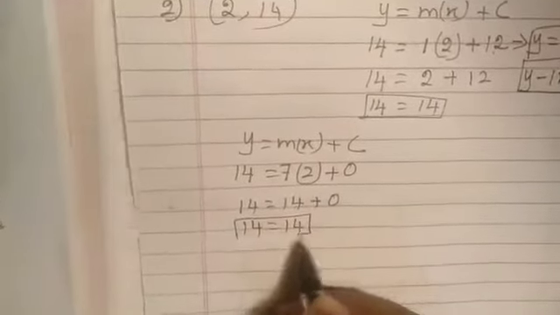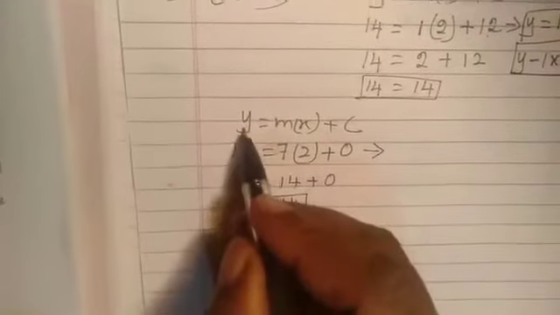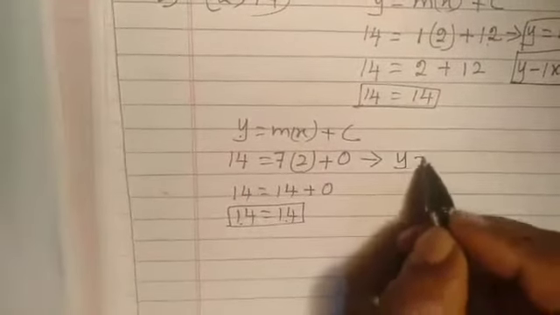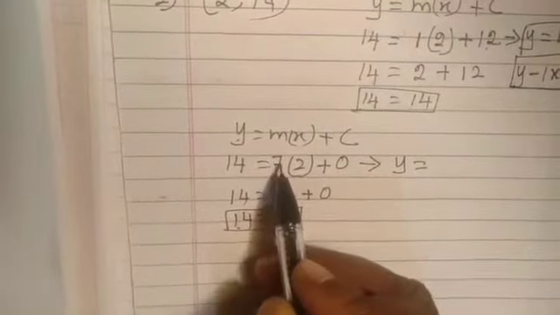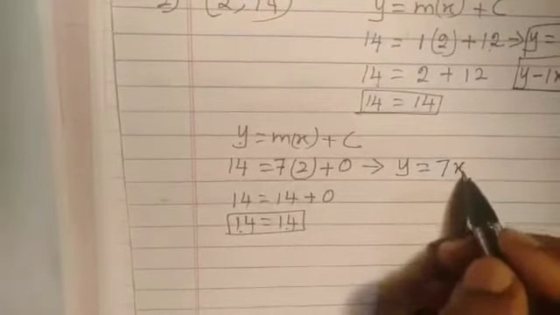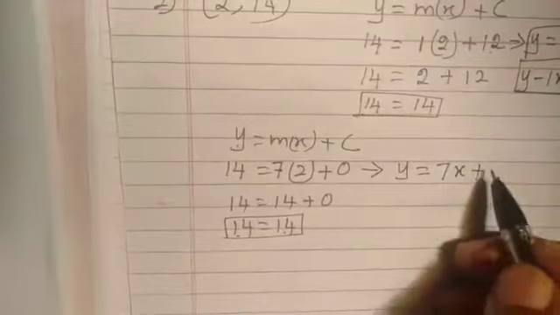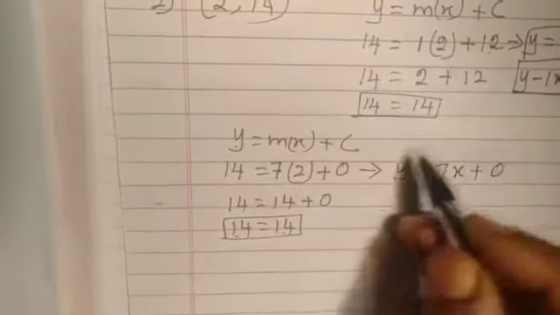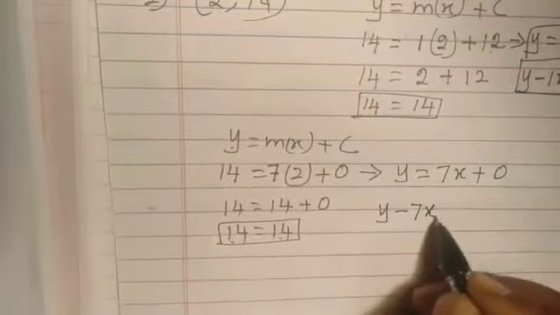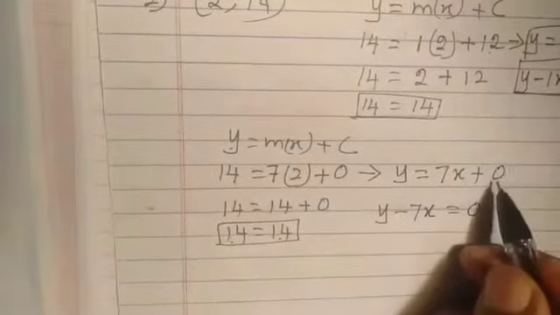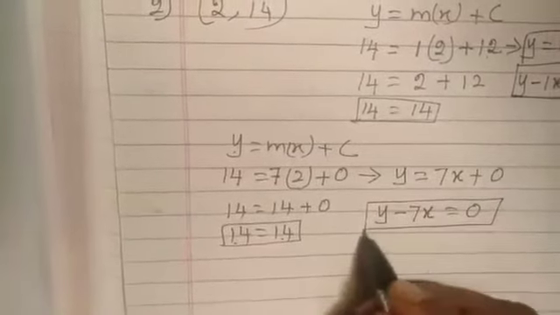What equation should I write for this? y already we have, in m place I have given 7, x we write x only, plus c place I have written 0. So if we take everything to one side we get y minus 7x equal to 0. 0 doesn't change whichever side we take it. This is the second equation we got.